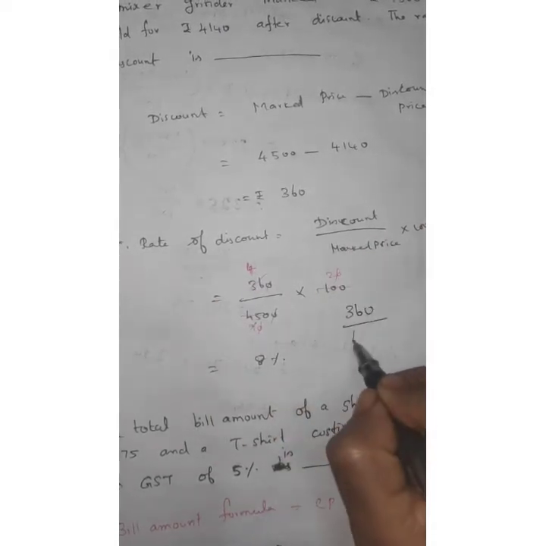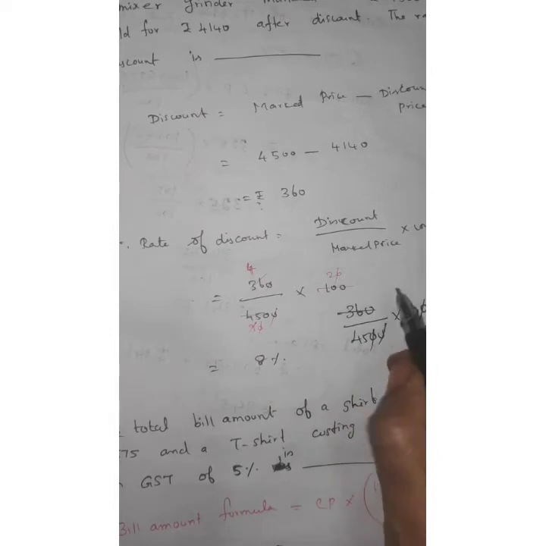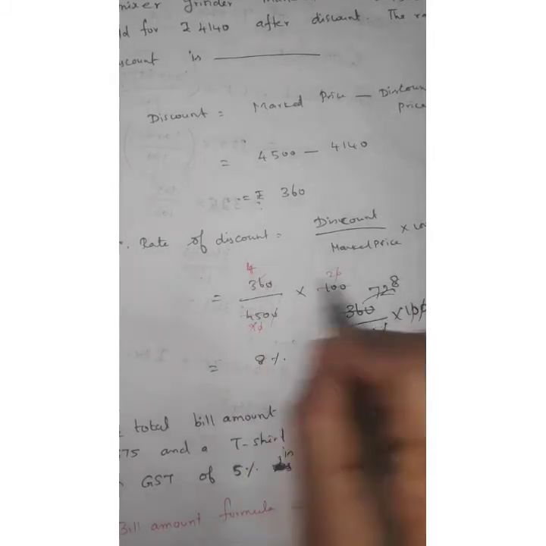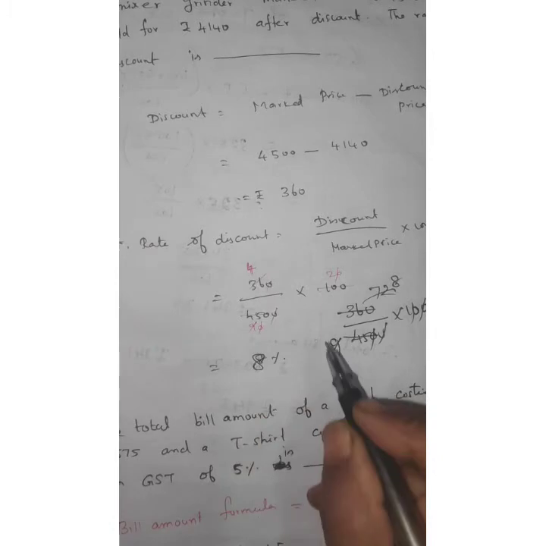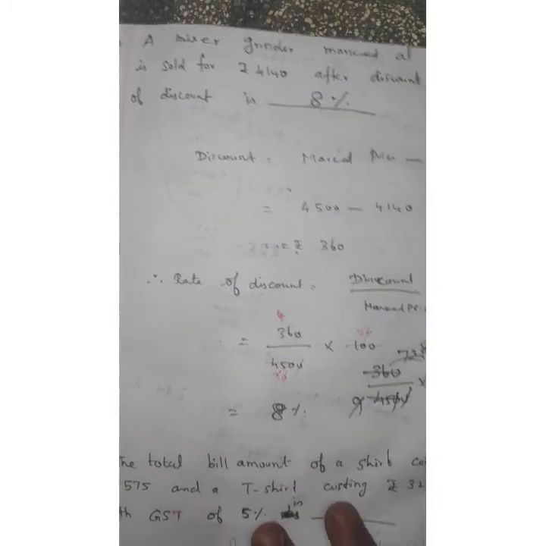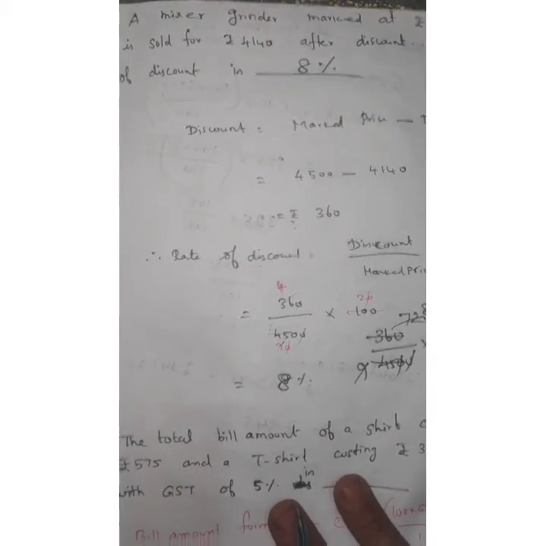Strike out the zeros first. Using the fifth table: 5 sevens are 35, 5 twos are 10. 9 fives are 45, 9 eights are 72. By any method, strike out and you get the answer 8%. So the discount percentage is 8%, the answer to the fourth question.